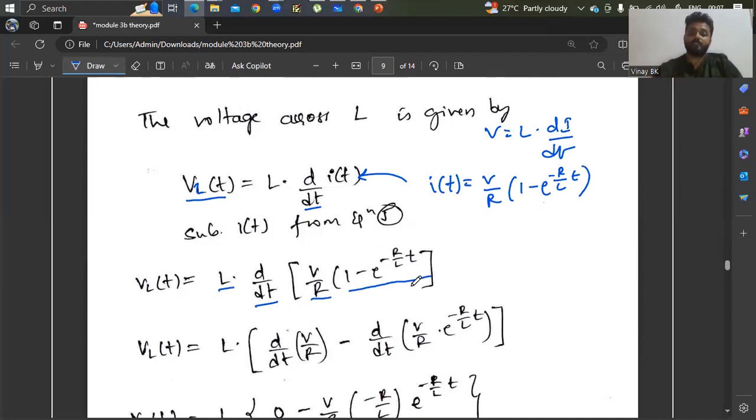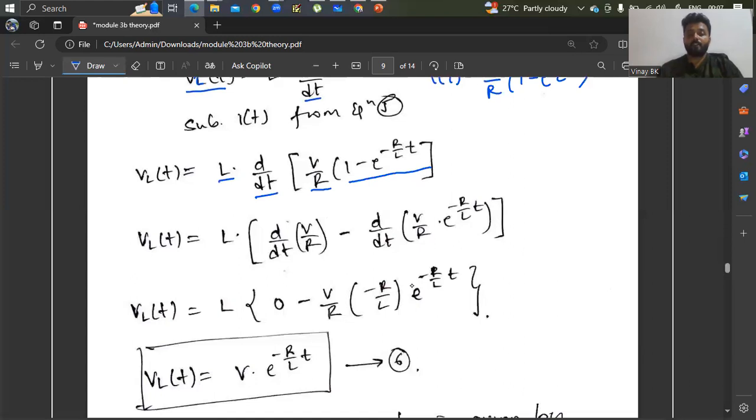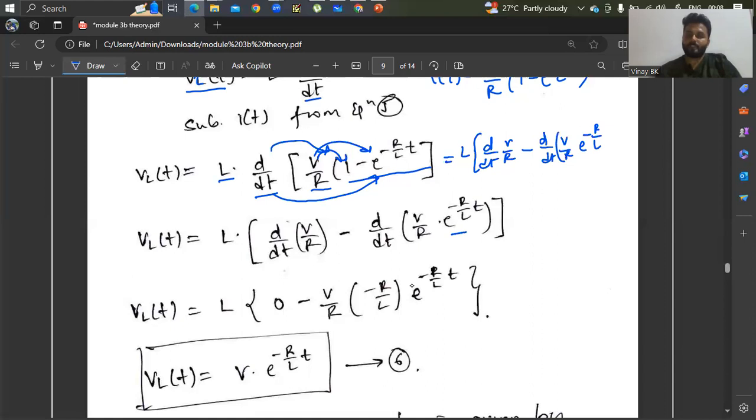So L into d by dt of V by R into 1 minus e to the power minus R by L into t. Now we can do the differentiation by opening the bracket: L into d by dt of V by R minus d by dt of V by R into e to the power minus R by L into t.